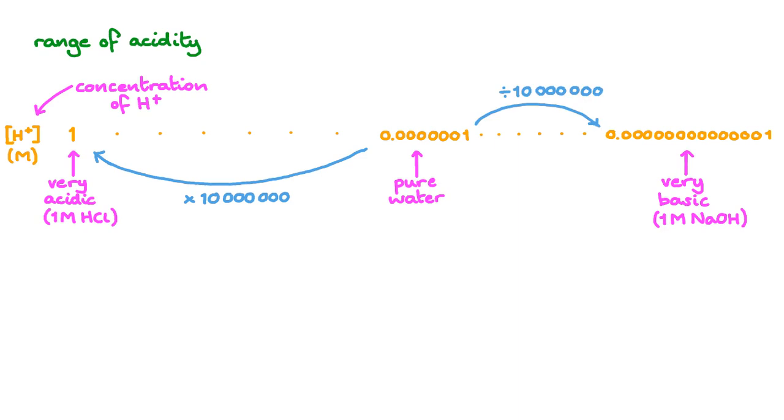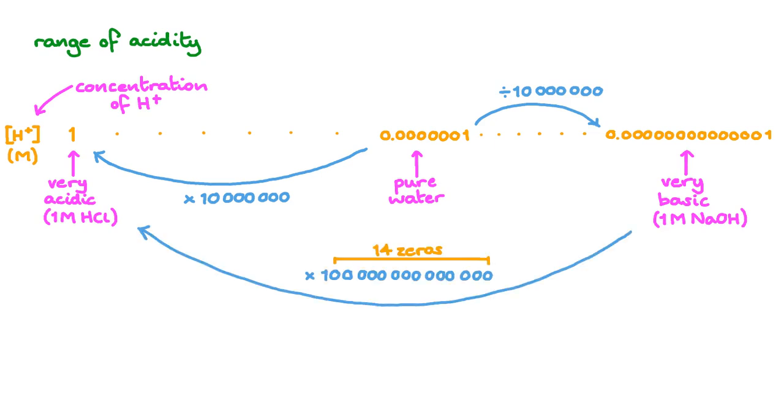Compared to water, the concentration of hydrogen ions in 1 molar sodium hydroxide is 10 million times smaller. This means between our extreme solutions, we can see a difference in hydrogen ion concentration of 100,000 billion. That's 1 followed by 14 zeros. This means we'll have a massive variety of acidities when dealing with regular solutions.